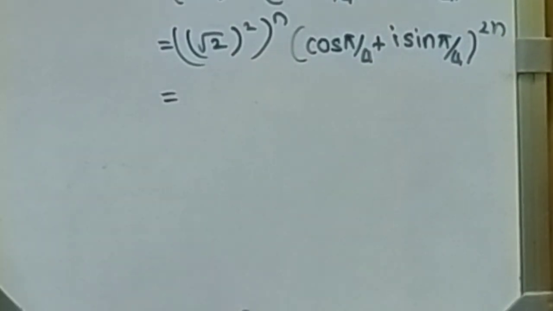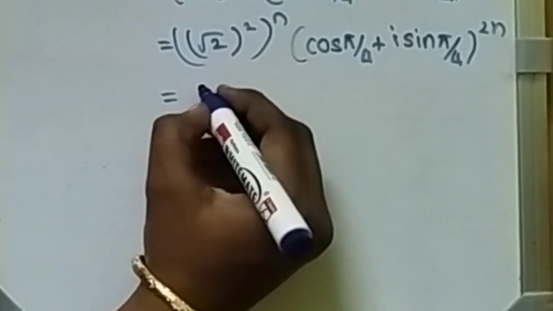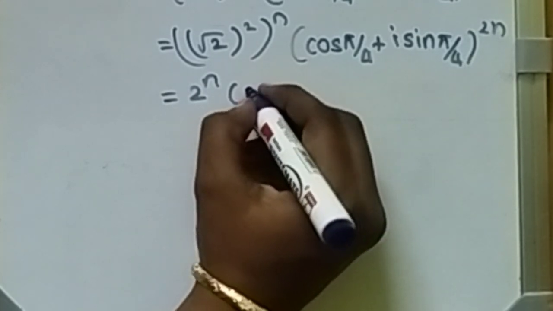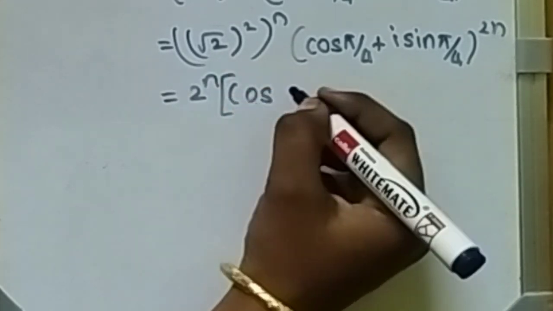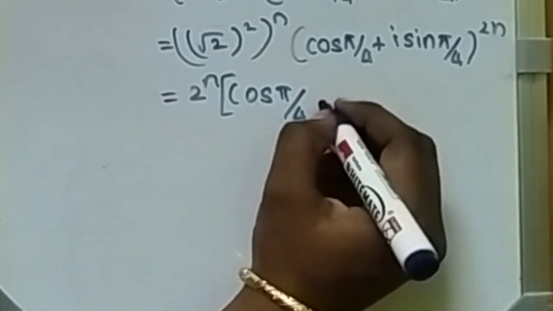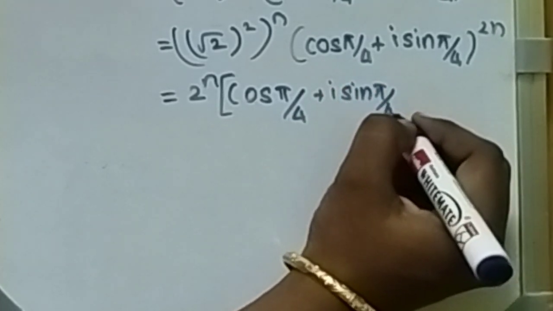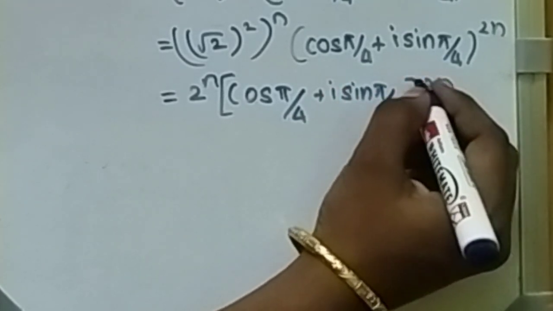Clear. So root 2 square will be 2 power n, right? So here cos pi by 4 plus i sin pi by 4 power 2n.